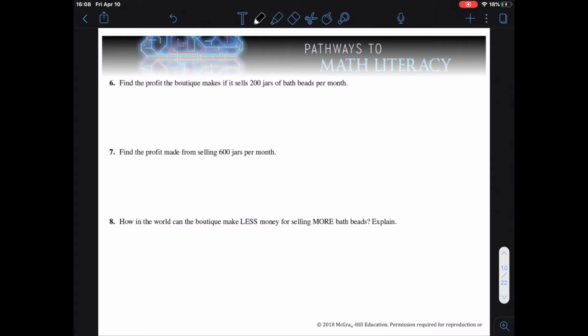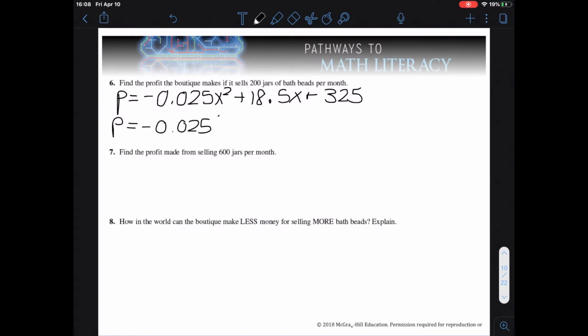If I sell 200 jars, I can see what my profit is going to be. So the profit, rewrite it up here, is negative 0.025x squared plus 18.5x minus 325. So if you want the profit from 200 jars, you'd go ahead and plug in 200 for x.